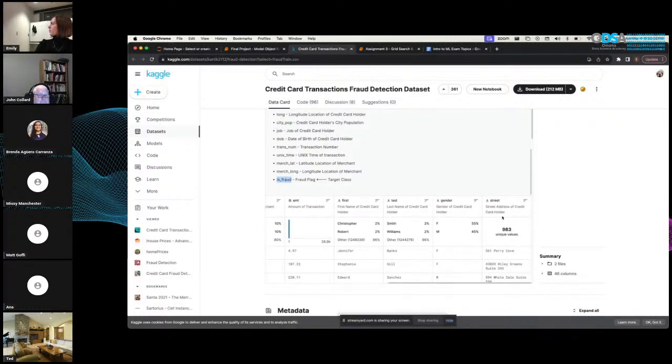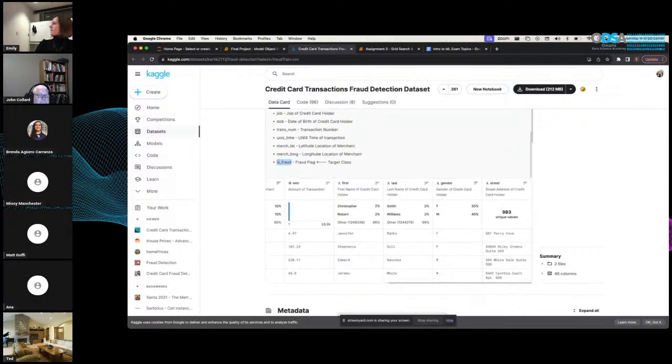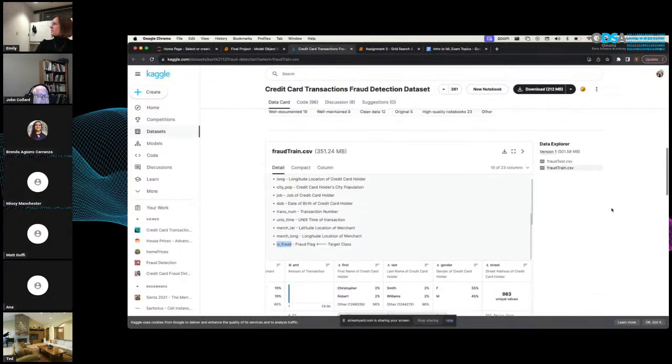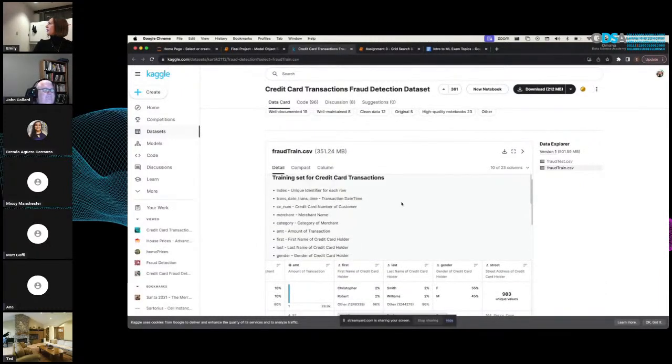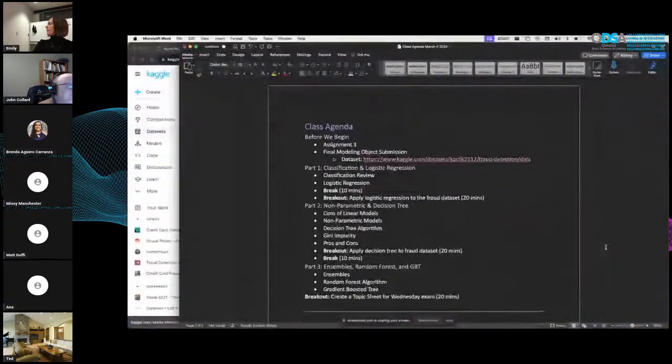This doesn't scroll over because it's too big, but at the end of this, there should be an is fraud flag, 0 or 1. I think in the breakouts, we're going to try to apply logistic regression to that. So maybe that can be some time we spend on downloading that and getting that all set up.